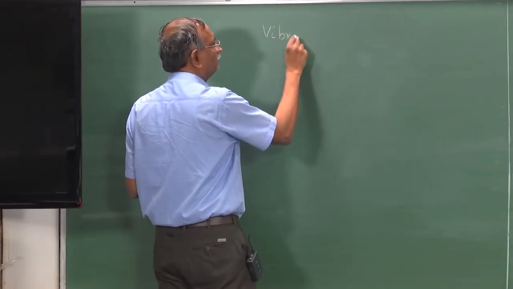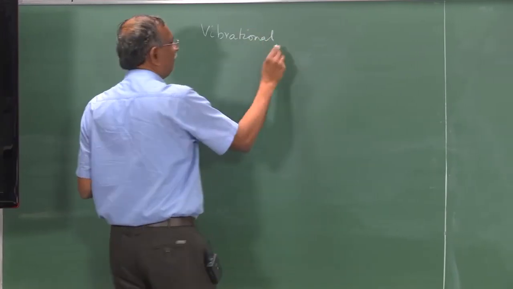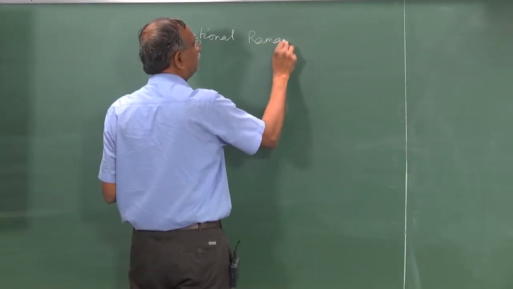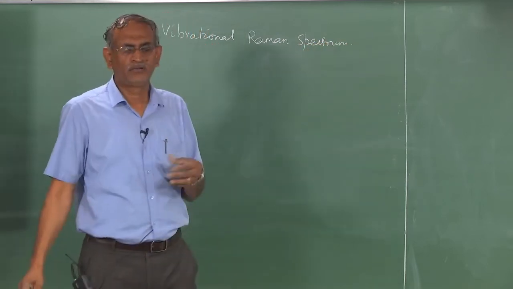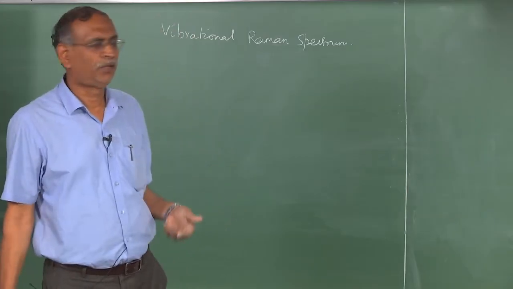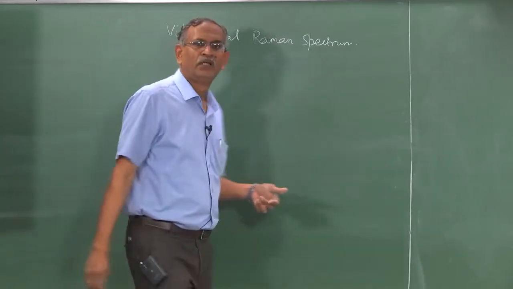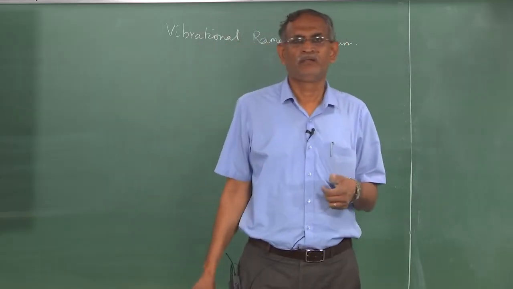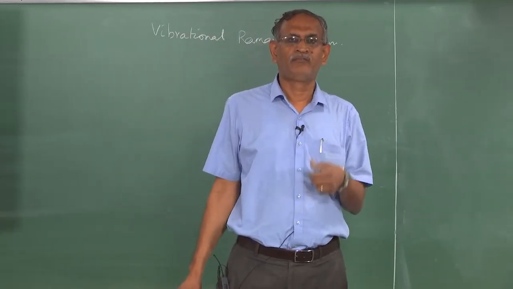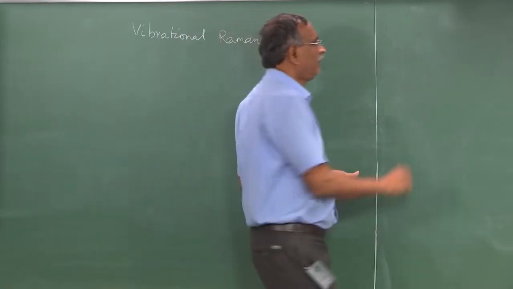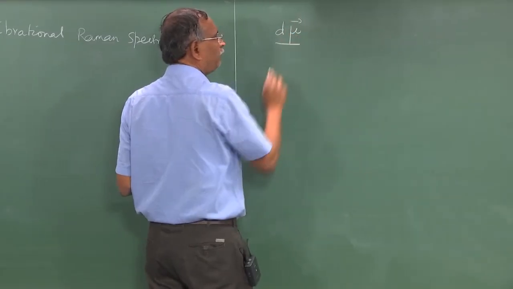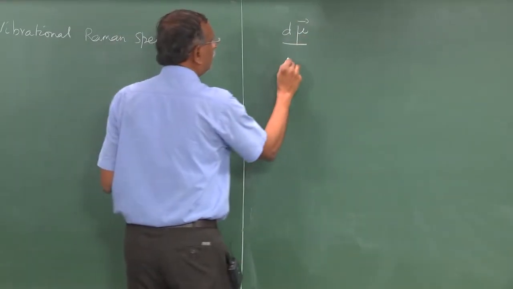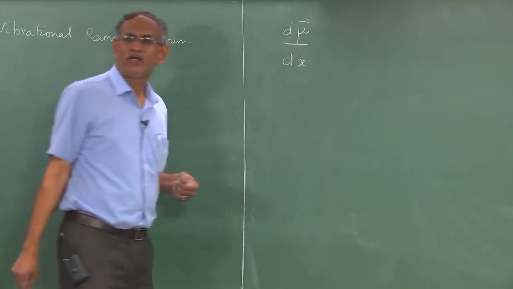So we will look at the vibrational Raman spectrum, also only for the very elementary case of a simple harmonic model, or similar to that, the normal mode model for a polyatomic molecule. Now, remember, in vibrational spectroscopy, the intensity of the infrared transition is due to the rate of change of the dipole moment with respect to the displacement coordinate.